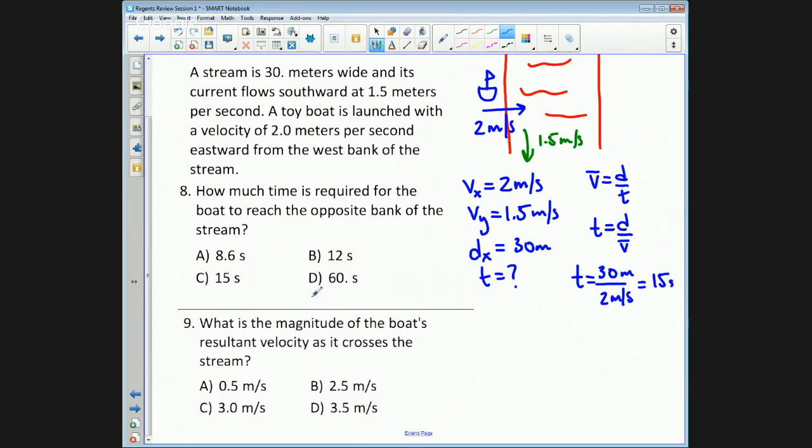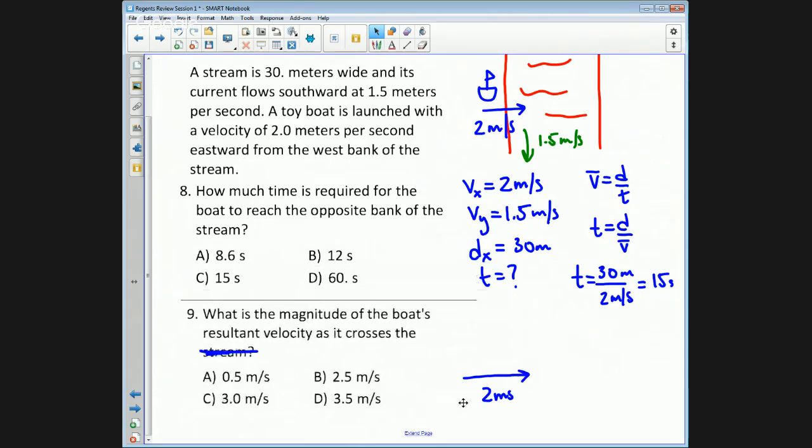For number 9 is now when we have to do some vector addition. It says, what is the magnitude of the boat's resultant velocity as it crosses the stream? So resultant means that we have to add our velocity vectors. Okay, so we have one vector that's going 2 meters per second east, and we have another vector.